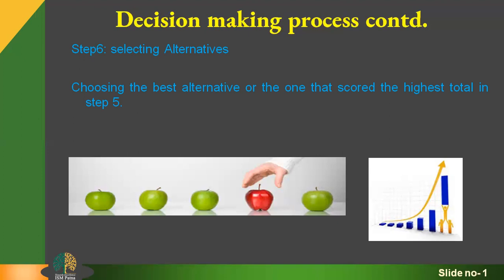The scientific process of decision making involves a lot of steps, and we are discussing all these things. Okay, so we reach step number 6, where we have the finally selected alternative which we are going to recommend as the decision, or which we are going to put into action.